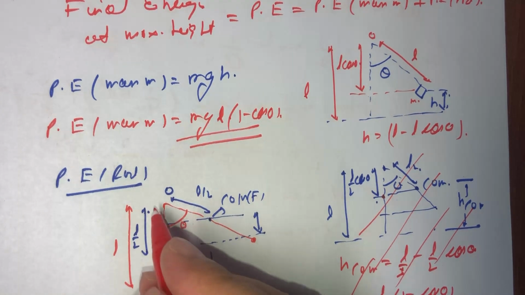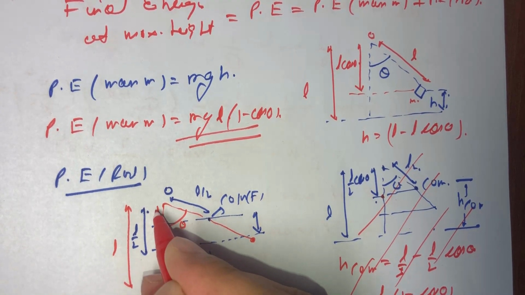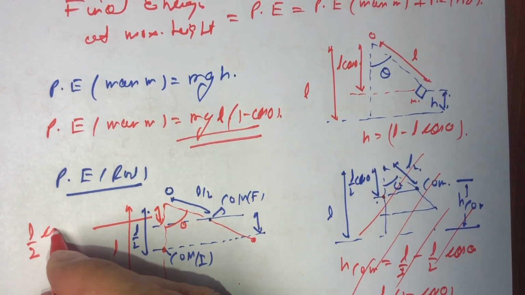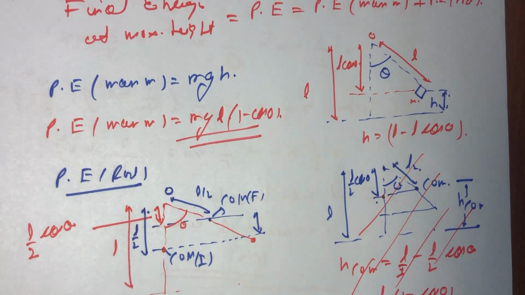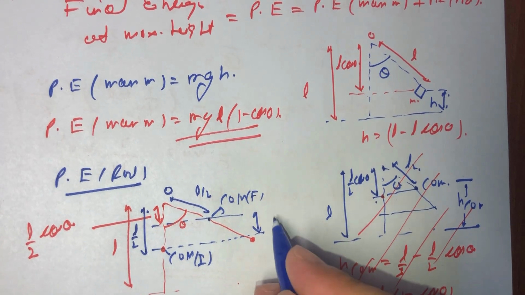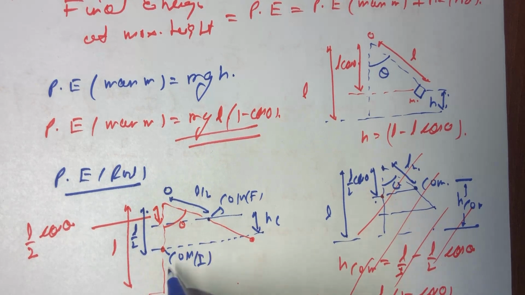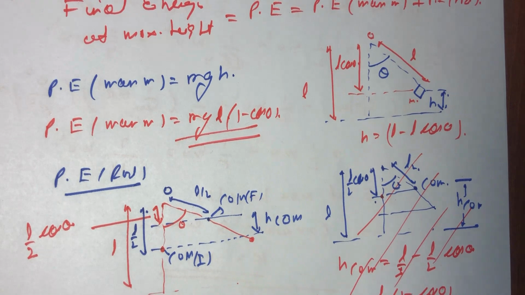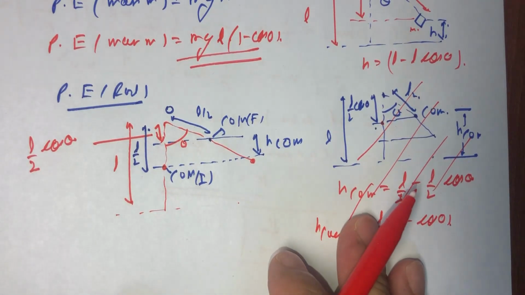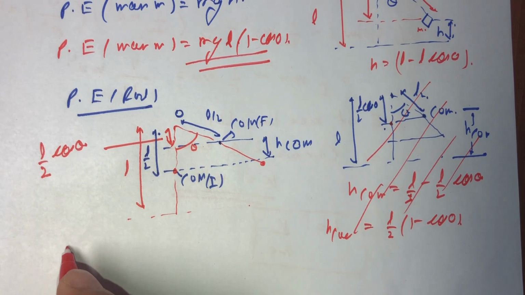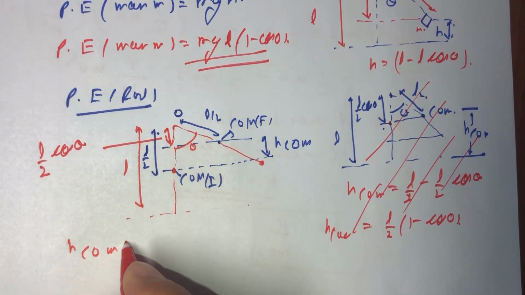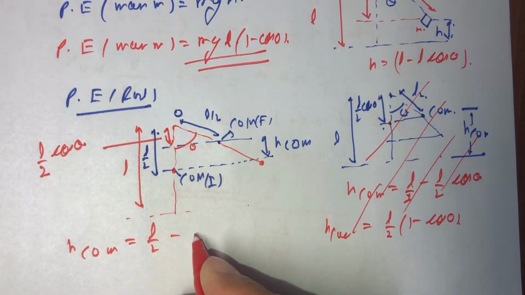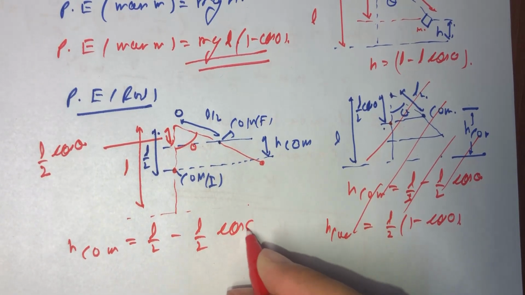So this angle is theta. Therefore this height will be L by 2 cos of theta. And let us say the height through which the center of mass moves is h COM. Therefore, we can write that the height of center of mass is equal to L by 2 minus L by 2 cos of theta.